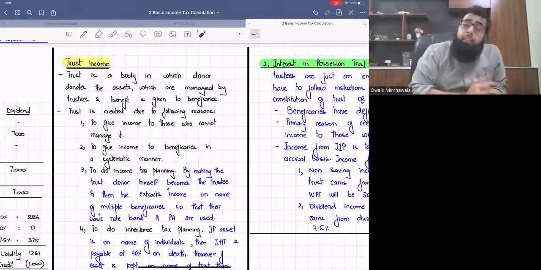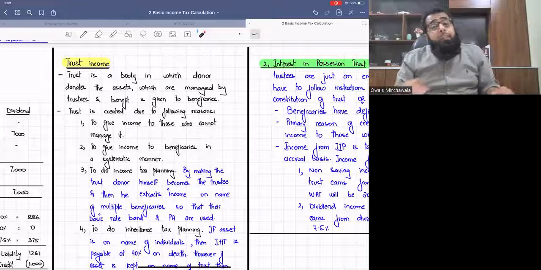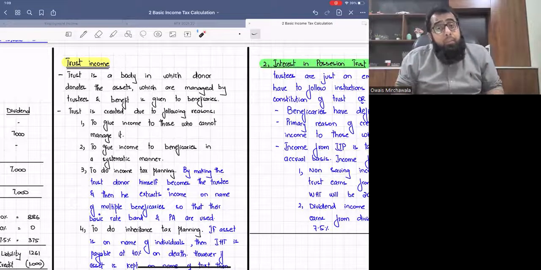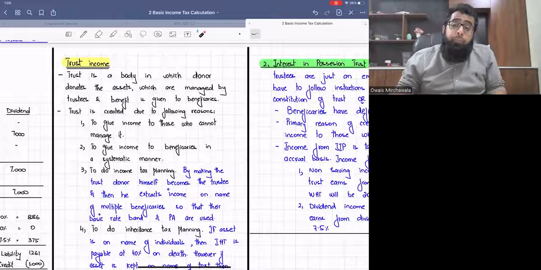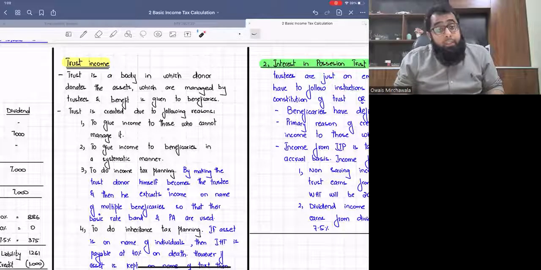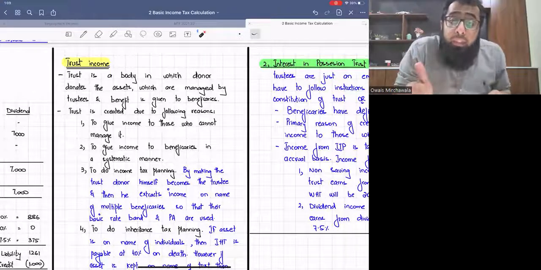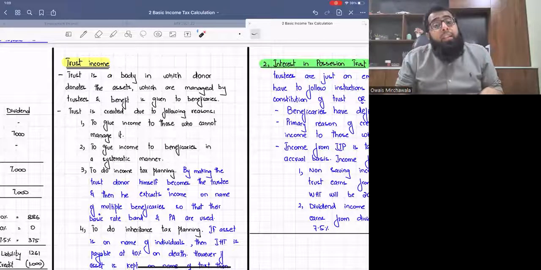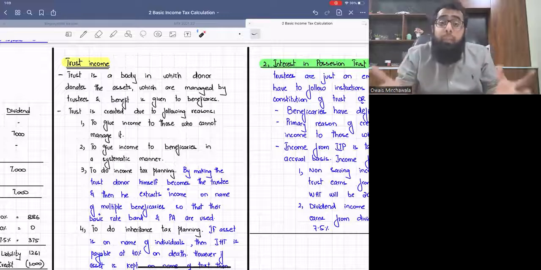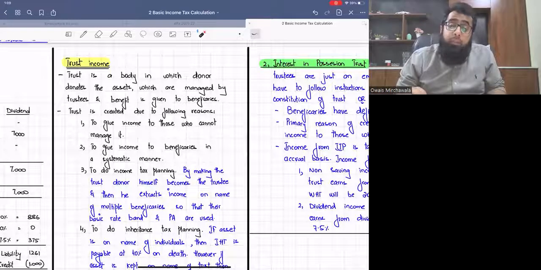Now, why is the trust created? What is the reason behind it? Why do we create a trust? The first reason is to give income to those who cannot manage it, like small children, to distribute the income in a systematic manner.